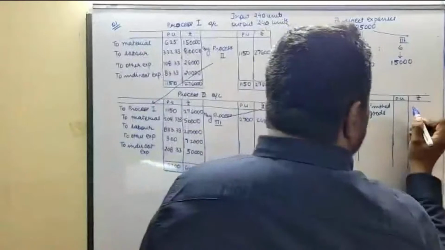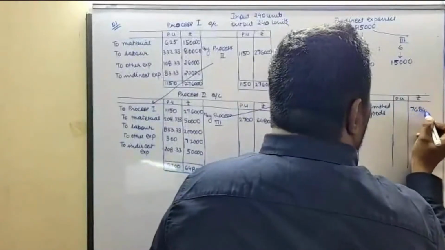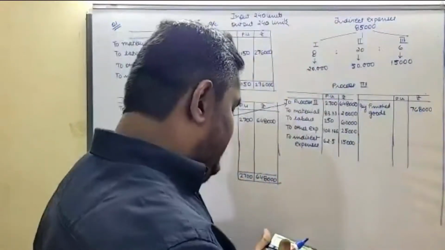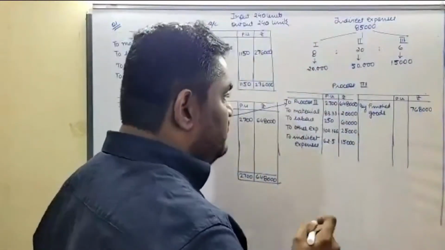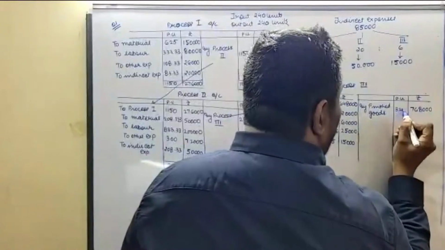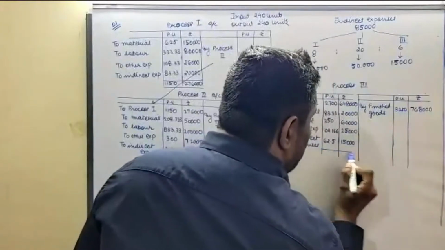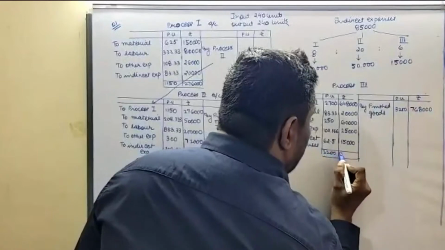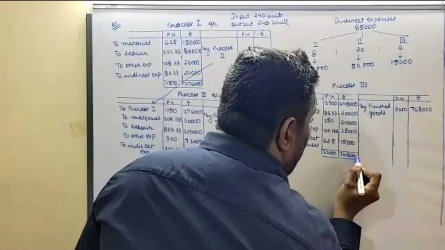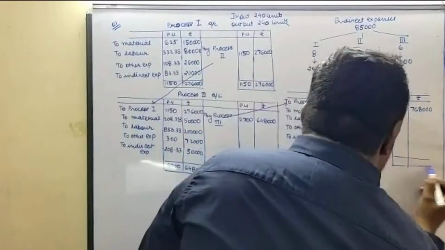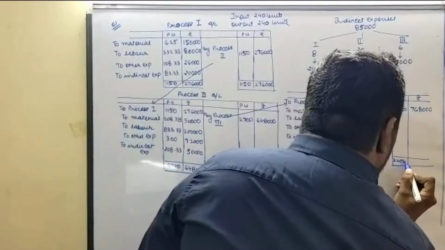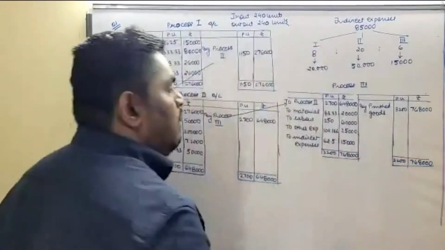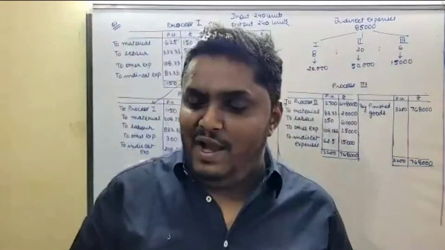So the total cost of these 240 units is 7,68,000 and the per unit cost is 3,200. So this is how the process accounts are prepared.